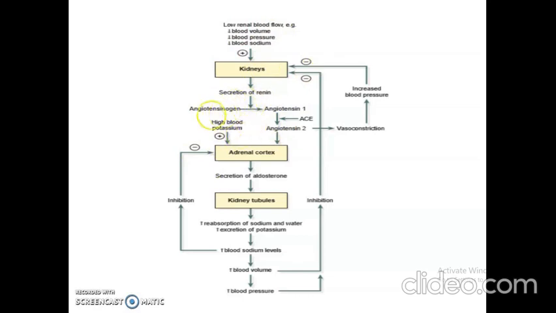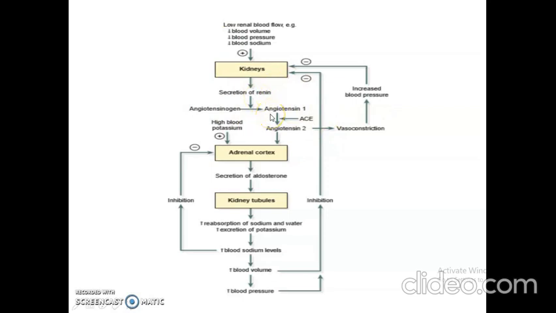Once the renin is released into the bloodstream, in the blood some proteins are present. So one is angiotensinogen. These angiotensinogens are converted into angiotensin 1 by the renin.